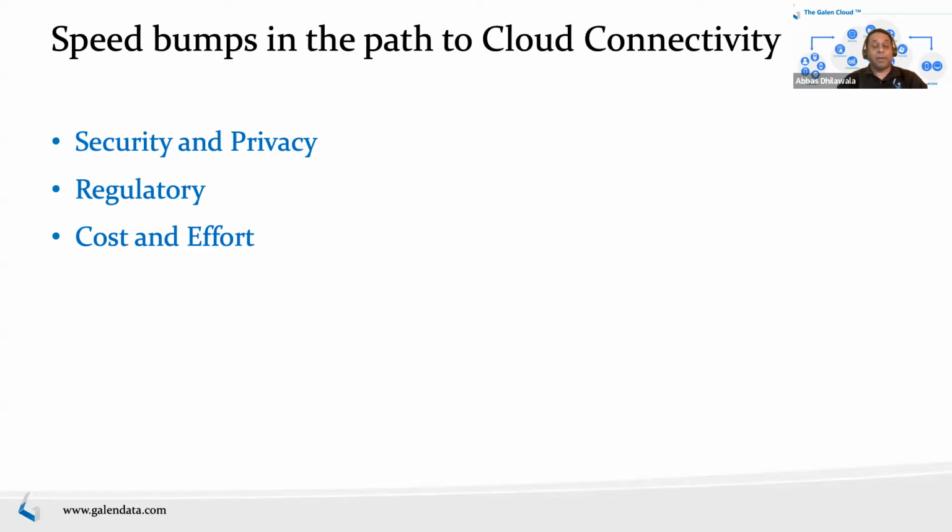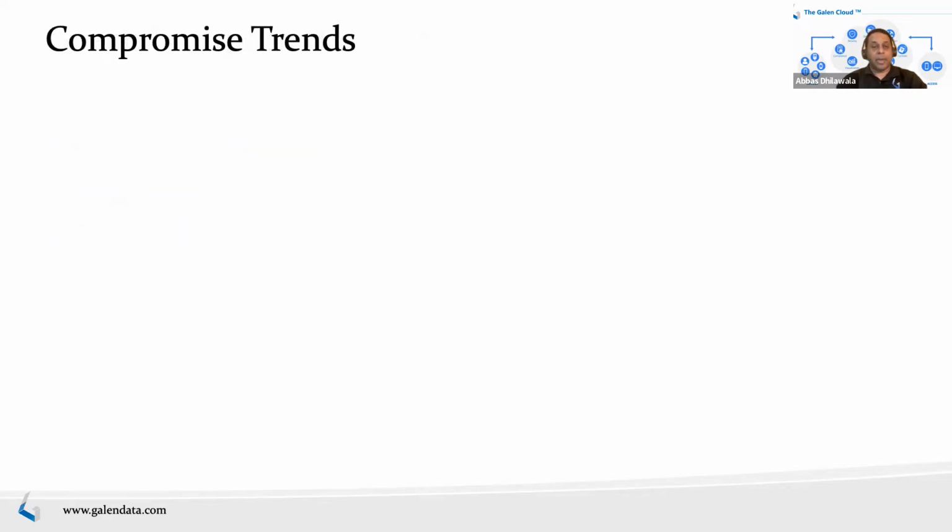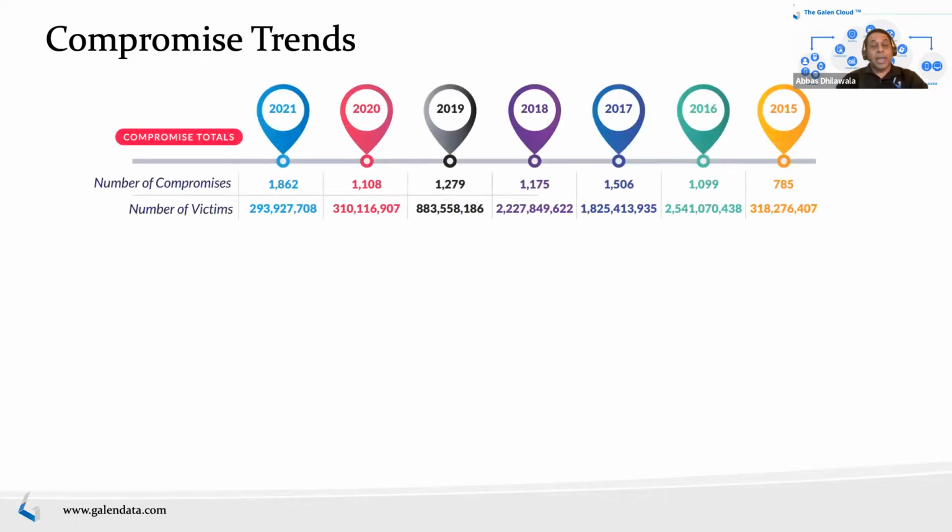So from a security and privacy perspective, before we go into specifics, let's look at some of the compromise trends and the security compromises over the last 6-7 years. This is a chart that is industry-wide, so it's not healthcare. This is US only though. So in the United States, from 2015 to 2021, the number of compromises, the number of attacks, and the number of victims, the number of people that get affected, right?